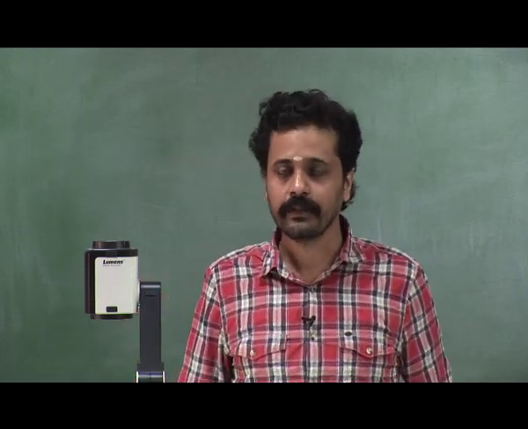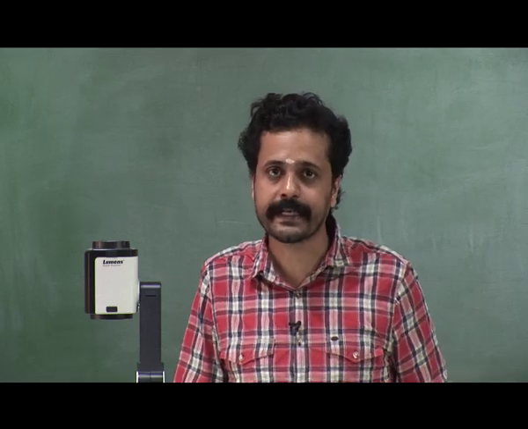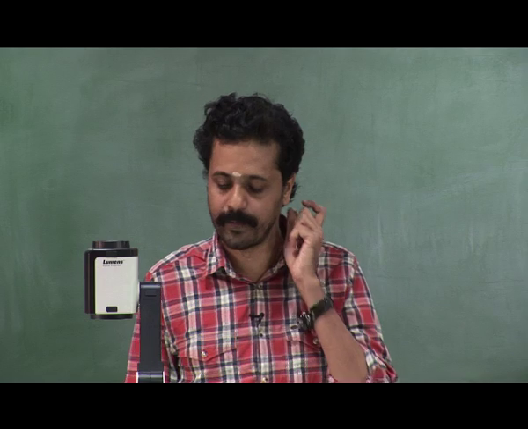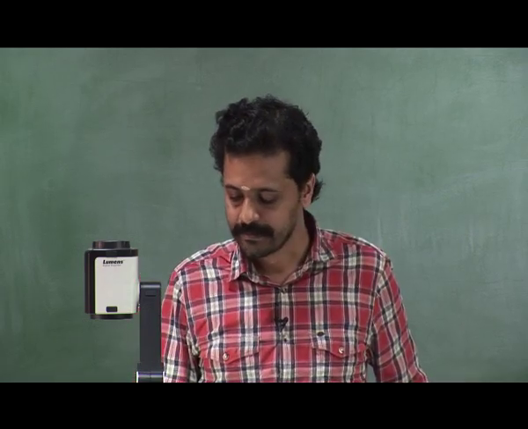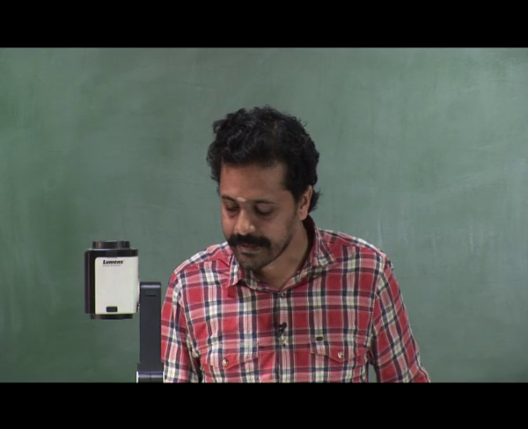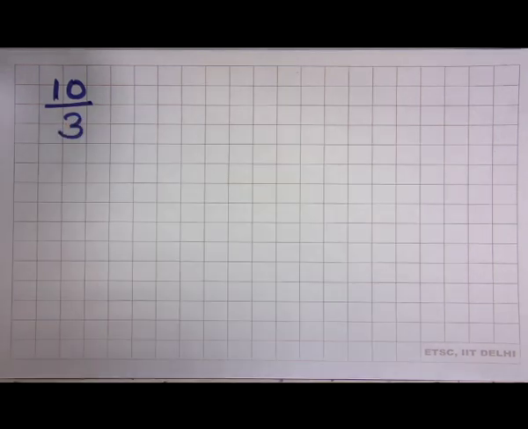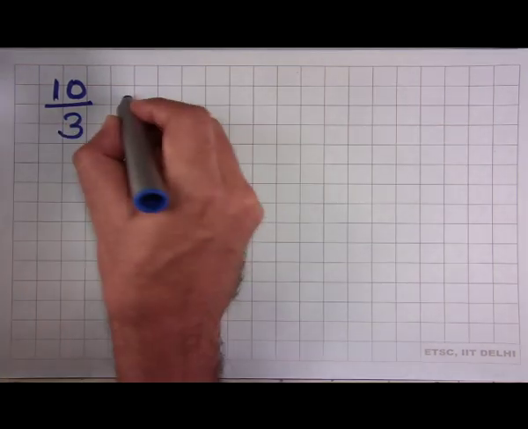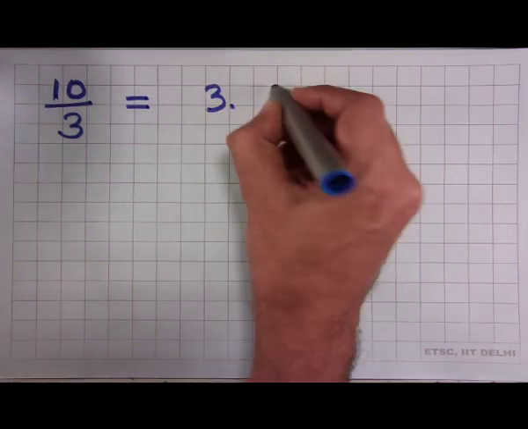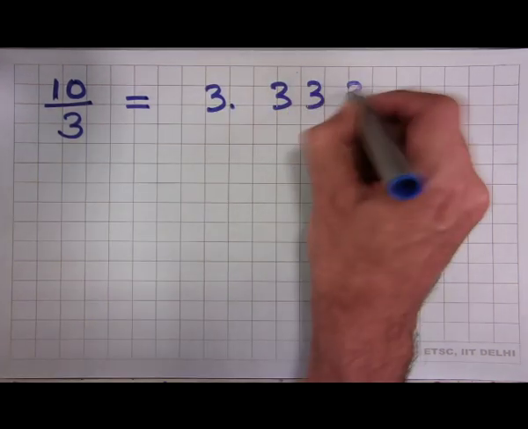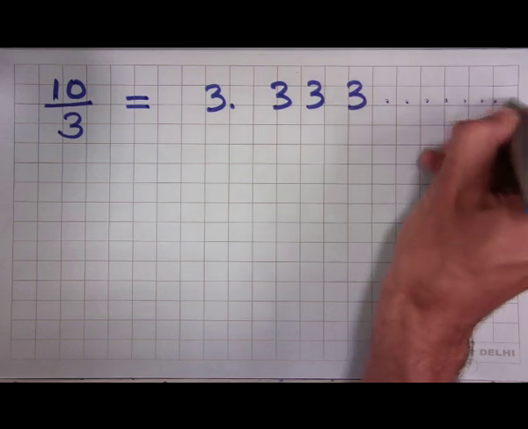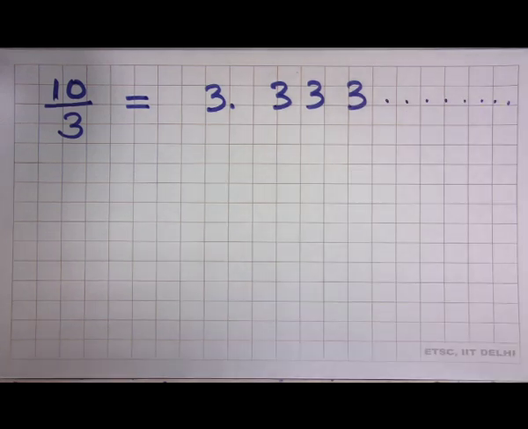Let us recall the decimal expansion of a real number. For instance, when we say the decimal expansion of 10 by 3 is 3.333 etc., a non-terminating recurring decimal expansion, what do we mean really?